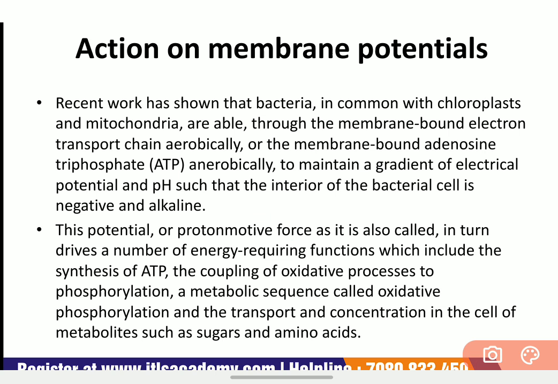They are also believed to act by rendering the membrane permeable to protons, hence short-circuiting the potential gradient or proton motive force.